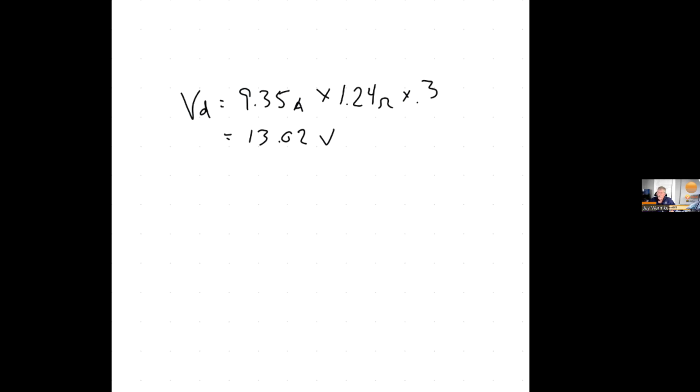So if we start out at 12 volts and we lose 13, well, too bad, so sad. You just lost all your power. But if you can ramp up the voltage, let's say to 70,000 volts, and you lose 13, nobody cares. It's such a tiny percentage of the power that's lost.